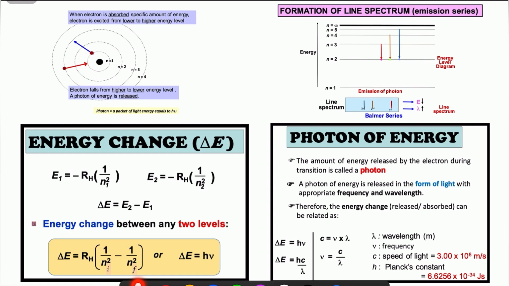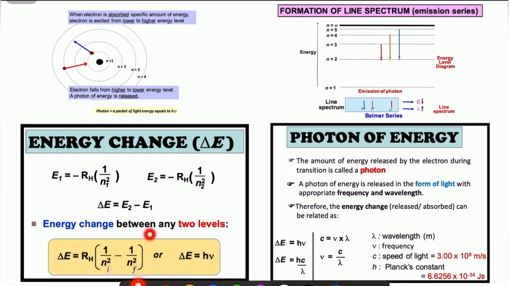If it is absorption, we refer to the electron that makes a transition from the lower to the higher level. When you calculate delta E, you will get a positive answer, because it is absorption. If you calculate the energy difference for emission, for the electron that makes a transition from the higher energy level to the lower energy level, you will get a negative answer because it is emission.